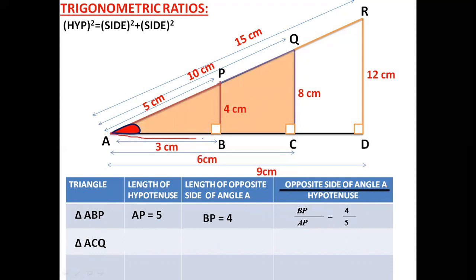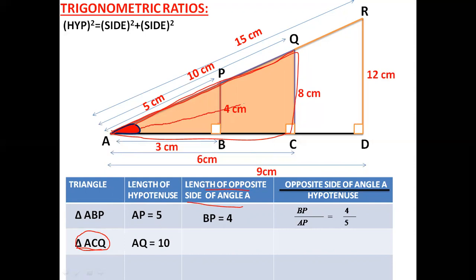Now if you take another right angle triangle, ACQ, that means this is triangle ACQ. In this right angle triangle, what is the hypotenuse? AQ is the hypotenuse. The length of AQ is 10 centimeters. And what is the length of the opposite side of angle A in this right angle triangle ACQ?